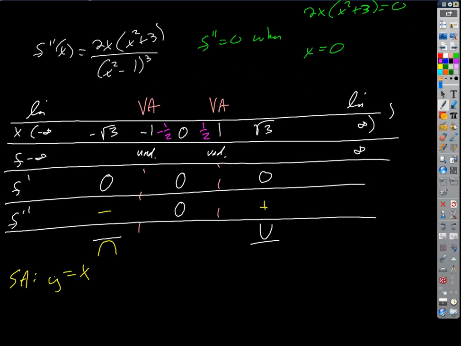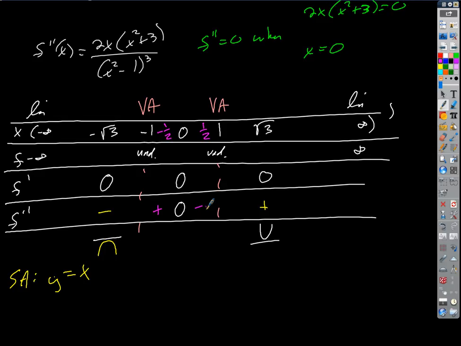At negative 1/2, I'm going to get negative times positive over negative, right? Everybody agree? So what is that? Positive. So we get a positive second derivative there. At positive 1/2, we get positive, positive, negative, right? So negative.